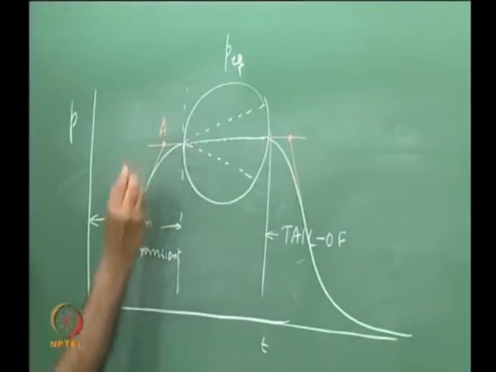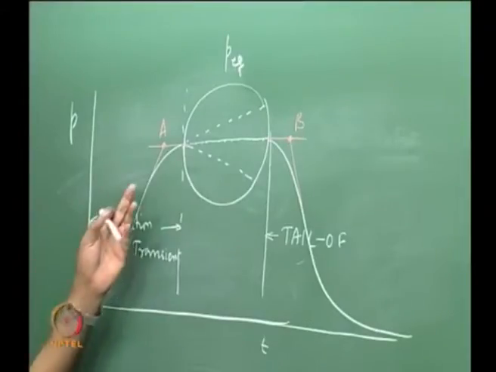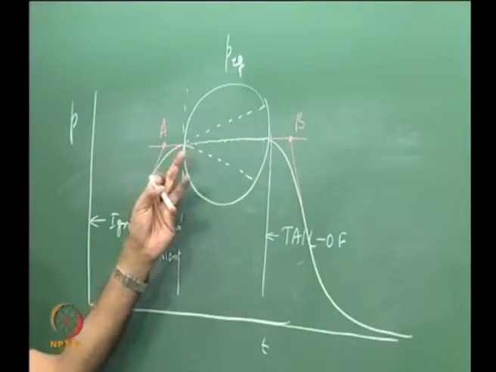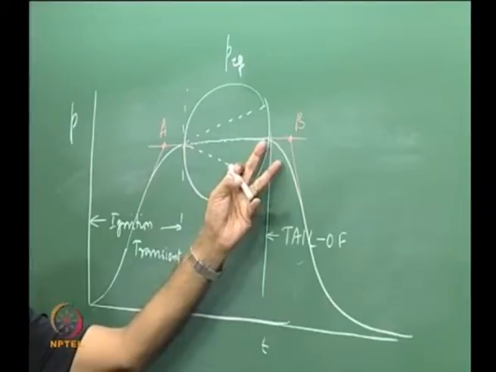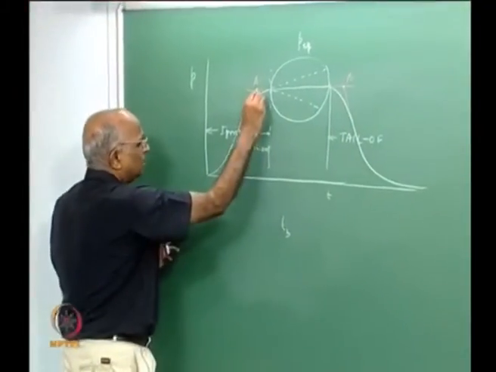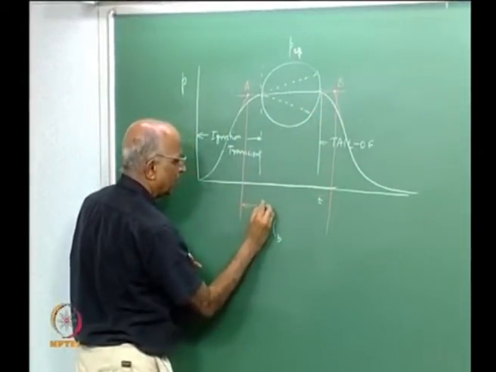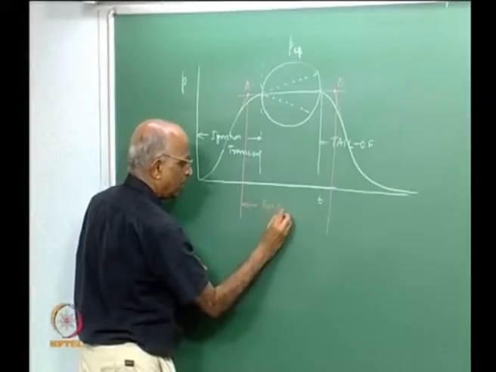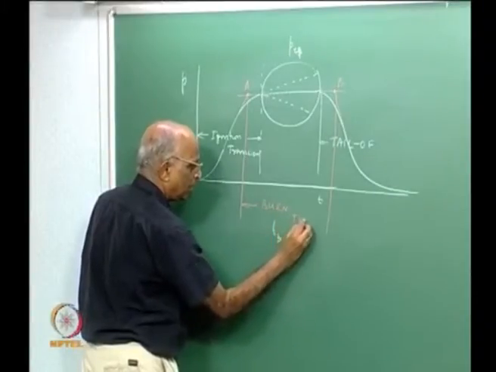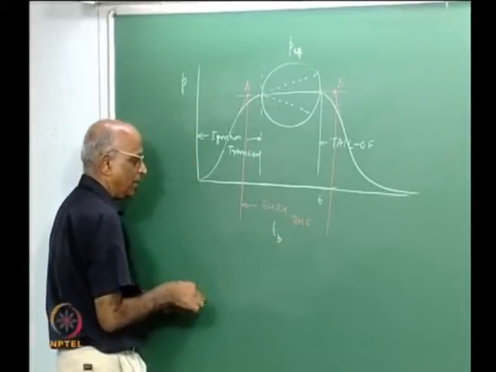I say this is point A, this is point B. Here also some burning is taking place, the burnout is not sharp at this point, it would have been somewhere here. This distance from A to B is called the burn time, and it is denoted by Tb.